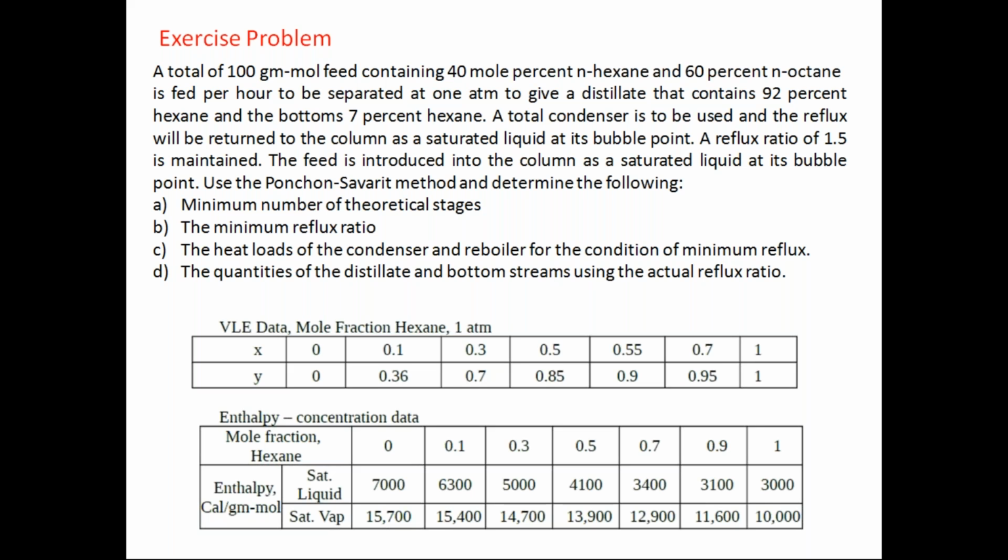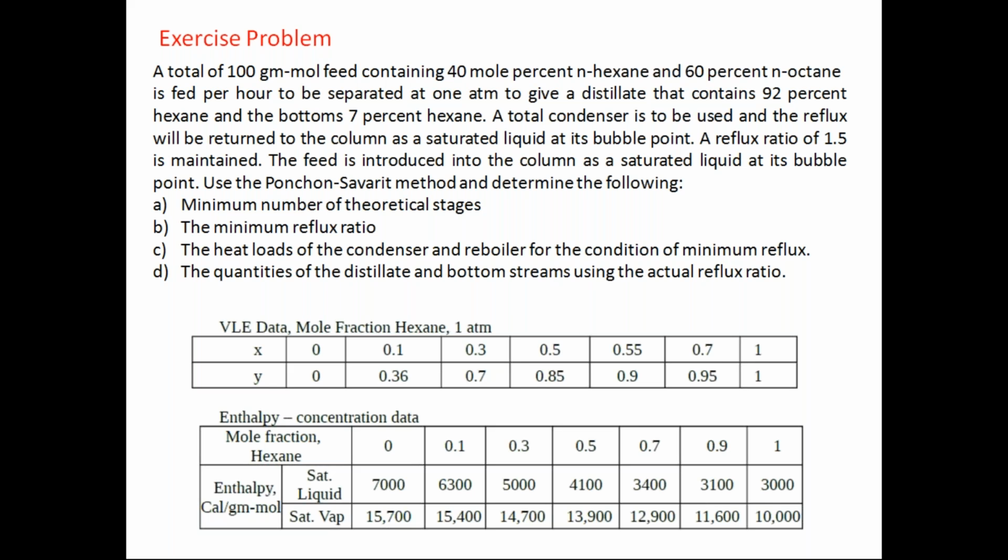I'll just read this one. A total of 100 gram mole feed containing 40 mole percent n-hexane and 60% n-octane is fed per hour to be separated at one atm to give a distillate that contains 92% hexane and the bottoms 7% hexane.